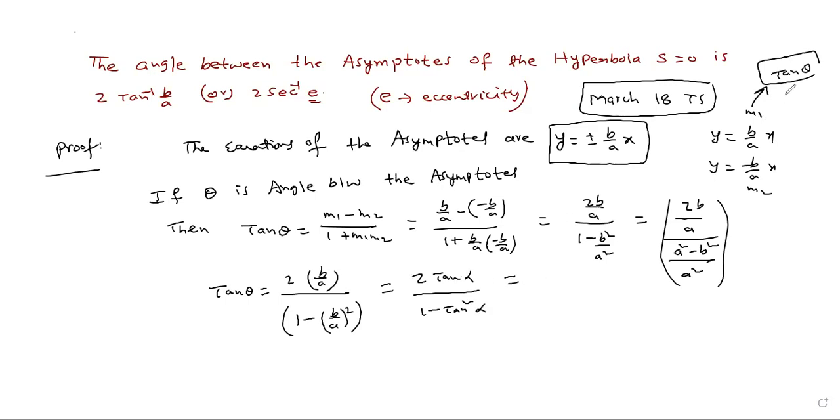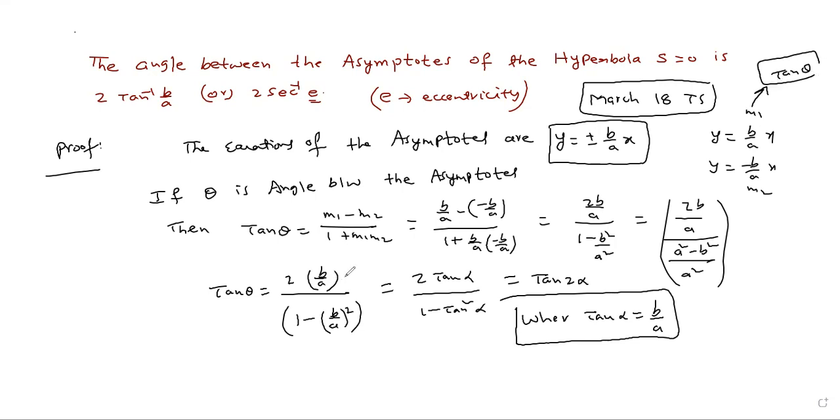Slope is always represented by tan theta. Slope here is b by a. Slope m1 can be represented in terms of tan alpha, tan beta, like that. And this total looks like tan 2 alpha. 2 tan alpha by 1 minus tan square alpha is tan 2 alpha, where tan alpha is equal to b by a. Here we take b by a as tan alpha because b by a is nothing but the representation of slope, and slope you can always express in terms of tan.